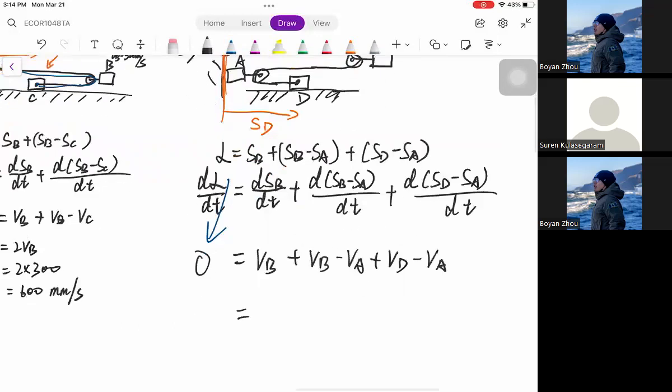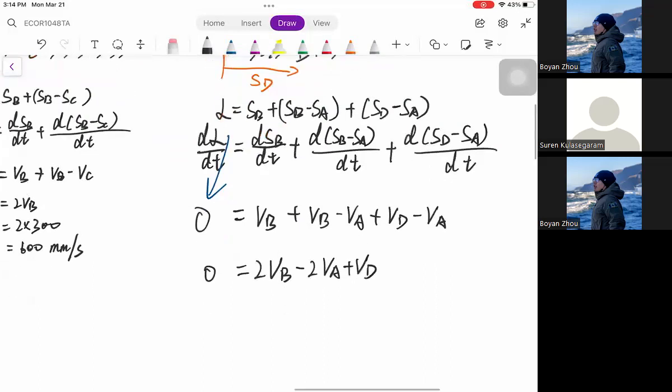So essentially, we're going to have 0 equal to 2 times VB minus 2 times VA plus VD. So VD is going to be equal to 2 times VA minus 2 times VB.